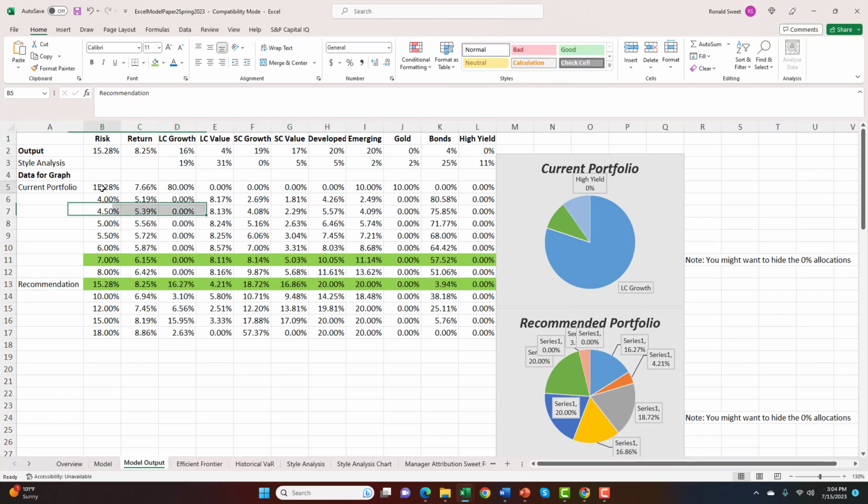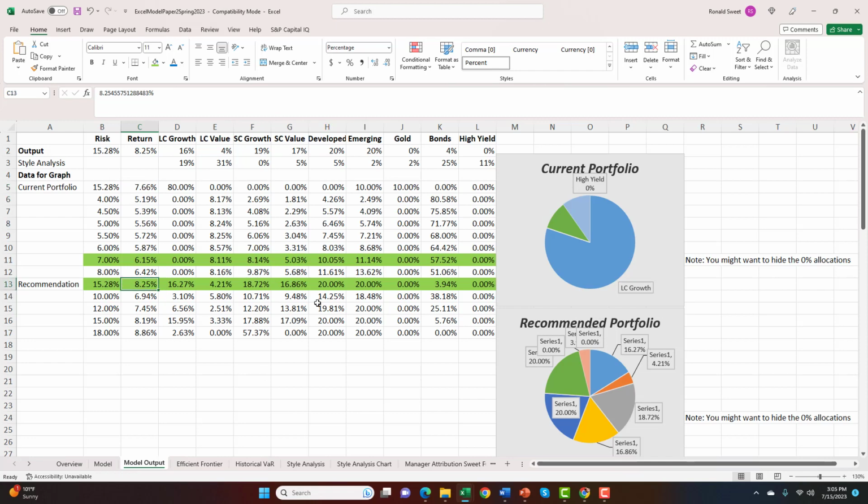It's because the client I had came in, his portfolio had a risk of 15% and expected return of 7.7%. So I asked, could I find a portfolio with that same level of risk that had a higher expected return? And sure enough, I found a portfolio that had a fairly significantly higher return. So that's what this part of the model does.